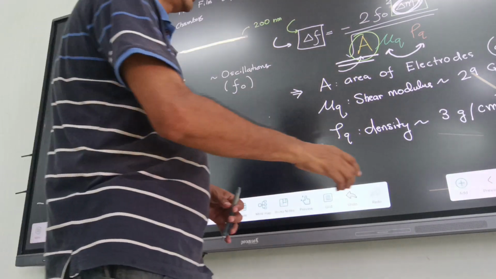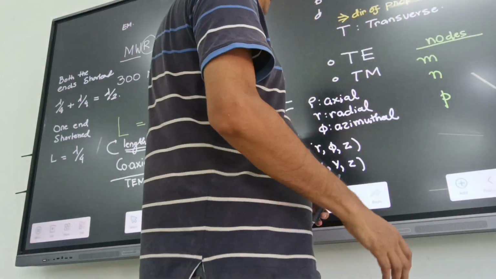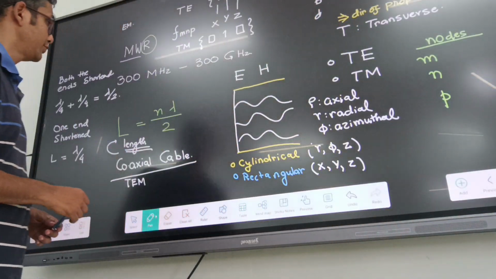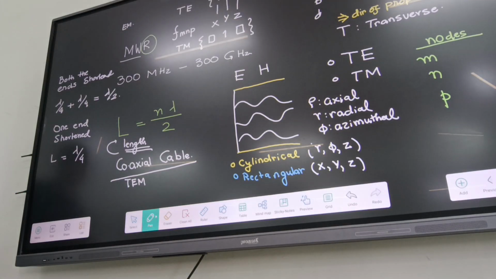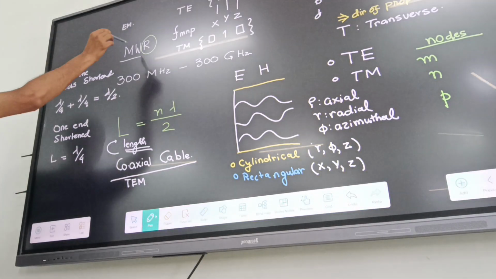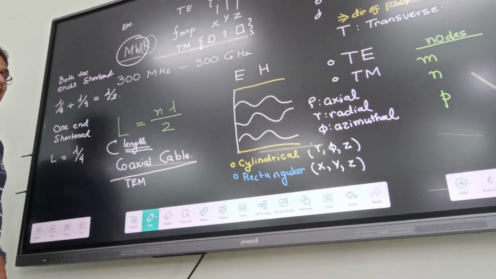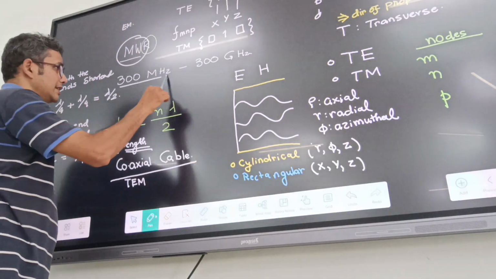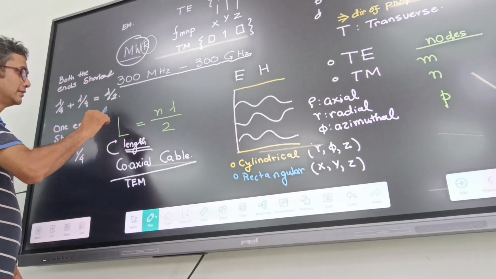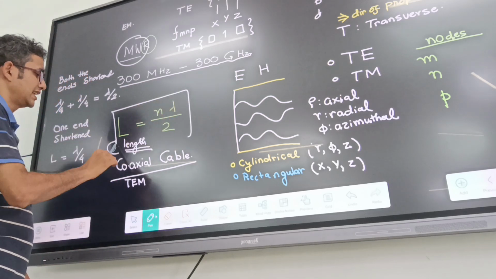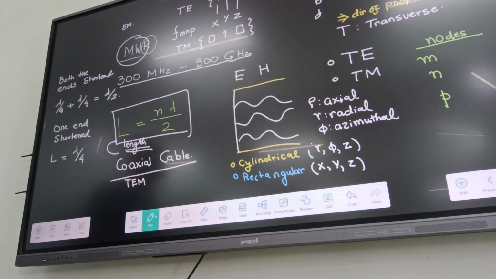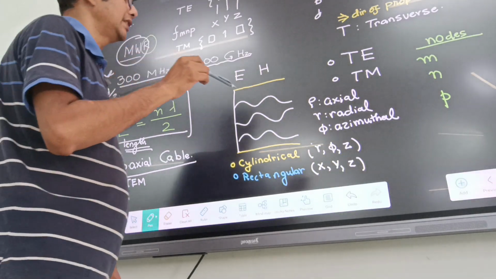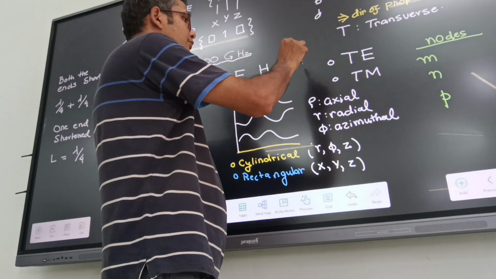And the next example is the microwave resonator. A resonator is something which traps waves. So here we are trapping an electromagnetic wave which has a frequency range in this fashion, and this is the dimension of the coaxial cable if we are using it. The trapping of electromagnetic waves comes in two different forms.